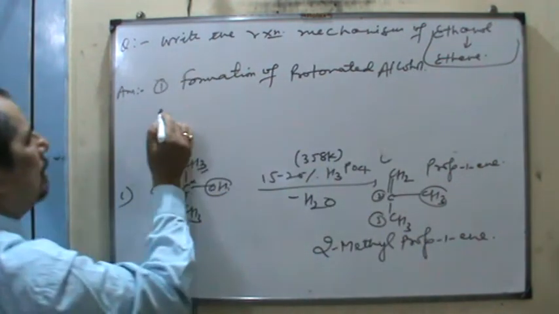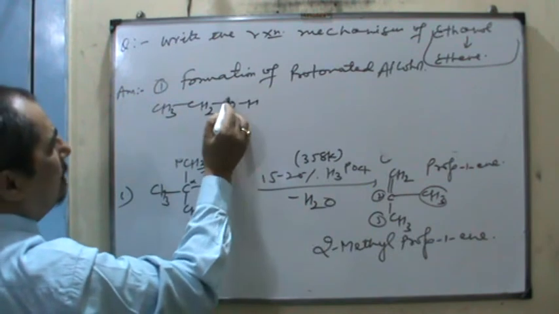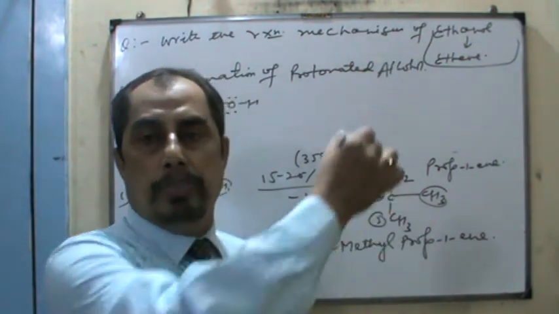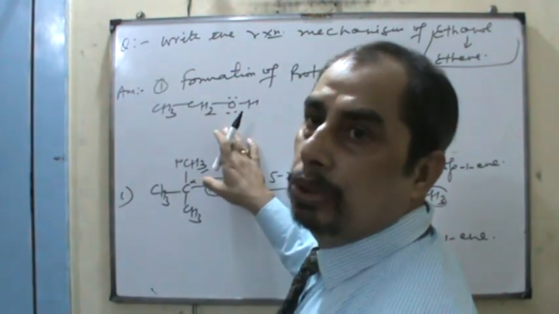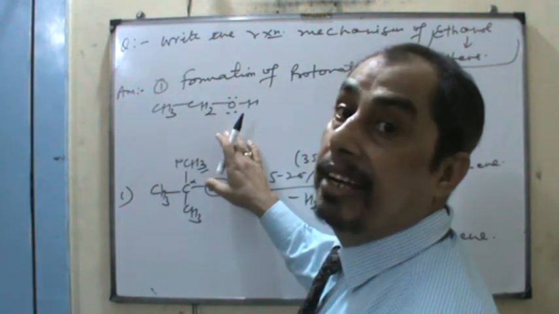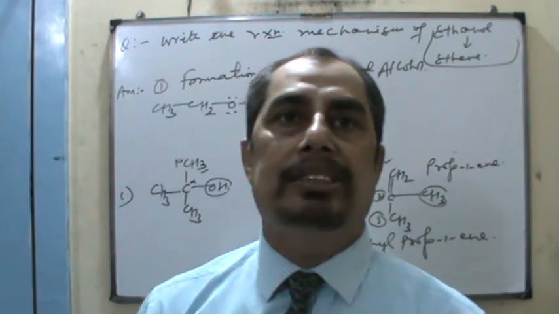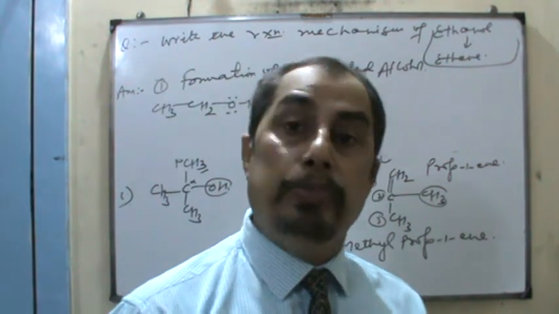So see, if I write ethanol, you know it very well, ethanol is a bit basic in nature also because of the presence of the lone pair of the electron, and here it acts as a nucleophile. So it reacts in presence of the sulfuric acid, sulfuric acid releases hydrogen. So in mechanism we have to prove the catalyst is never consumed, it will be regenerated. Finally we will prove it.